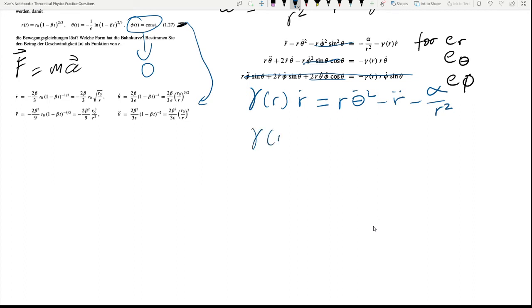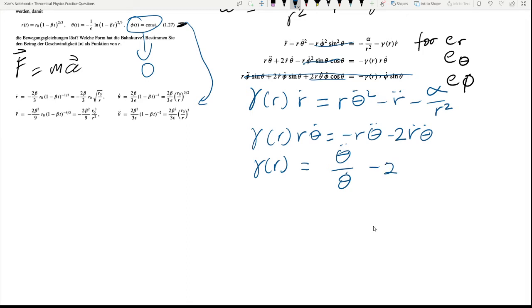And we just divide by this, so what we get is, I'm skipping some steps here, but I think it's pretty obvious how to do it.